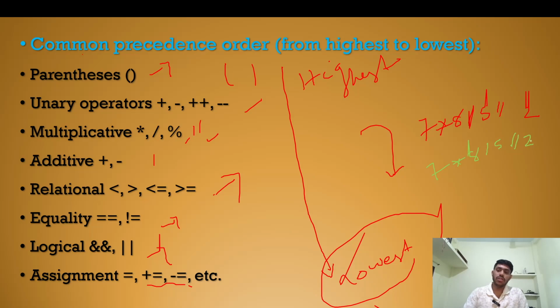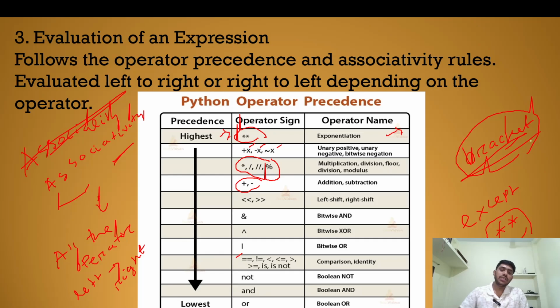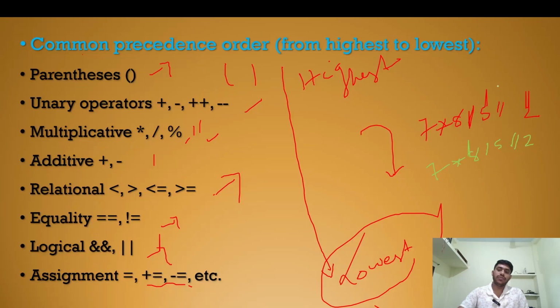The operator precedence table does not contain any exponentiation, so the order is left to right. Let us see, which one is coming first? Multiplication. So first we solve the multiplication.